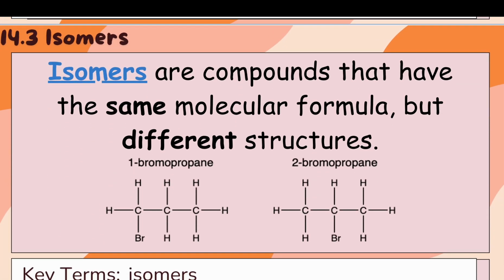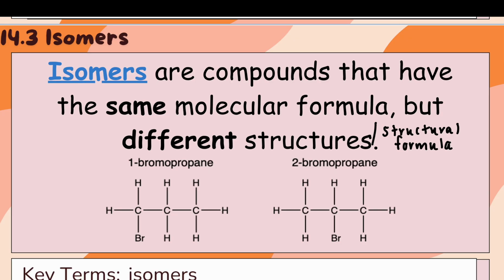So isomers are compounds that will have the same molecular formula, but they will have different structures, and thus they will have different names. So different structural formulas. Even though two or more molecules can have the same number of each atom, they can be arranged in different ways, which makes them different molecules.